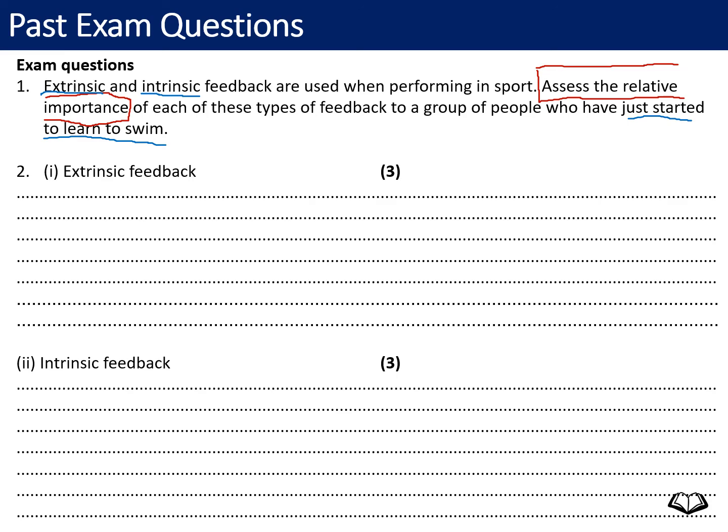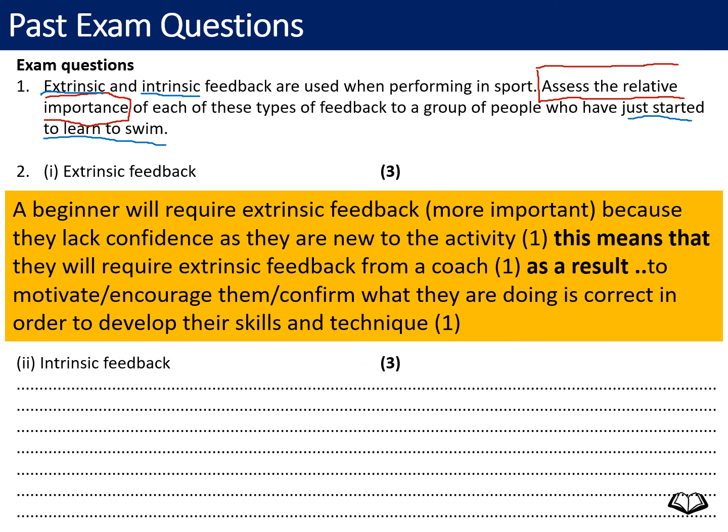Again, 3 marks for each. Let's have a look at what I put. So, a beginner will require extrinsic feedback, and I'll put in brackets is more important. Just ultimately that sentence there is saying that it is more important, but you may want to use those words just to signpost to the examiner that you are attacking the question and making that assessment.